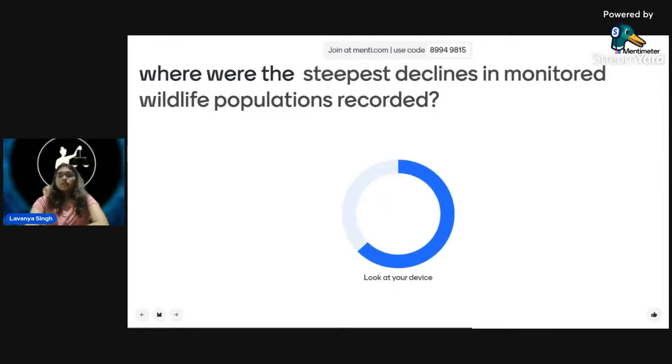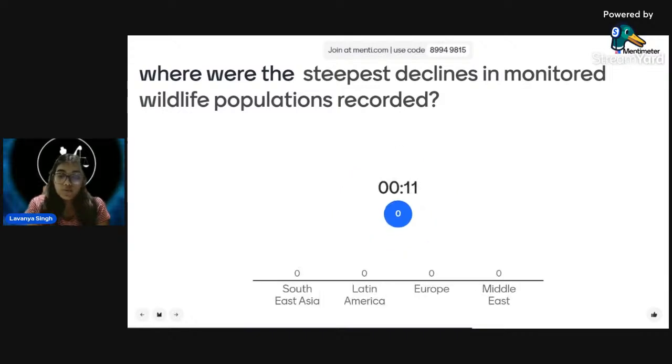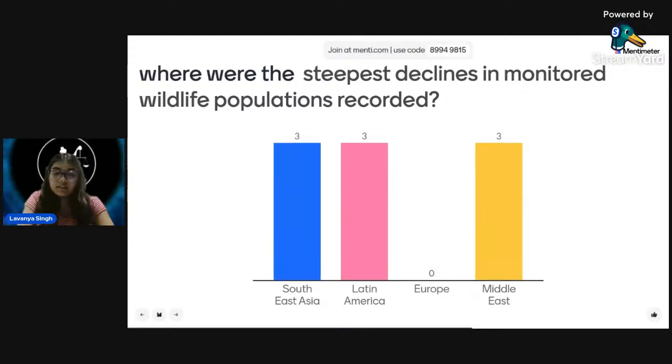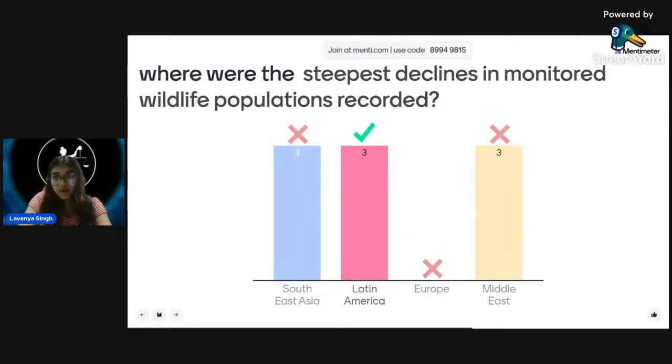The question is where were the steepest declines in monitored wildlife populations recorded? Your options are Southeast Asian nations, Latin America, Europe, or Middle East. And the correct answer is option B, Latin America. Okay, so it's not just Latin America, but also the Caribbean region.